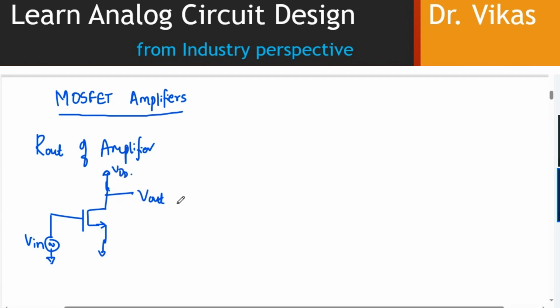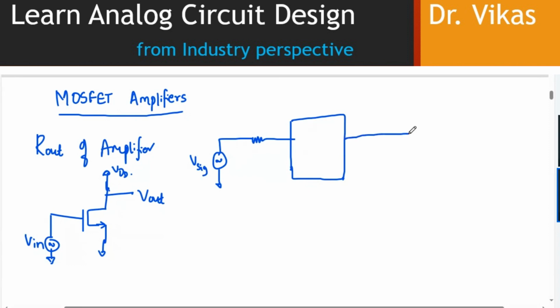If I try to understand the input and output resistance of any amplifier through a black box, see, if I have an amplifier here and my input, let's say, is being applied something like this. Let's say I'm applying V signal, and I'm taking the output across a load resistance RL, and I'll say this is the signal resistance.